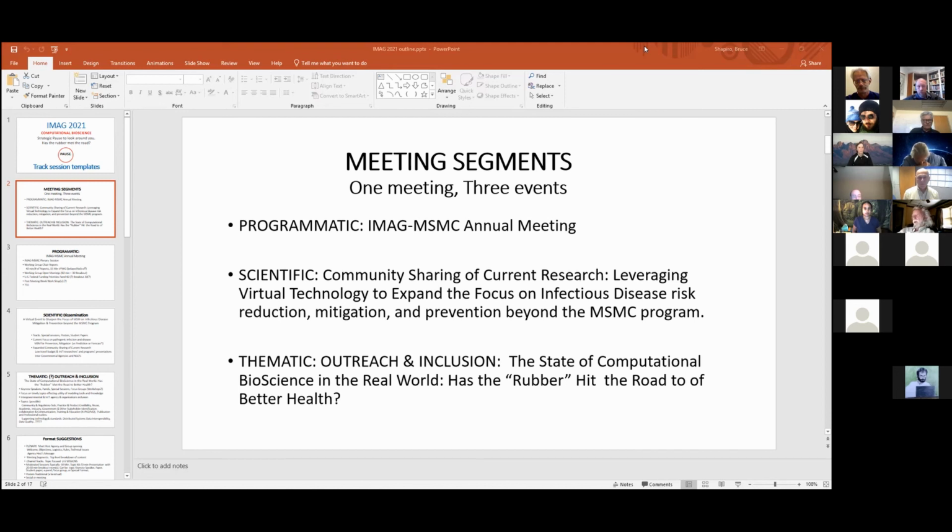And then the other part would be a thematic one, and right now it's just to take advantage of the outreach to bring in people from other areas and other disciplines to do some sessions, some panels, interoperability panels on FDA and what FDA is expecting, and panels from industry to hear what they would like to be able to hire coming out of your university training programs, that type of thing.